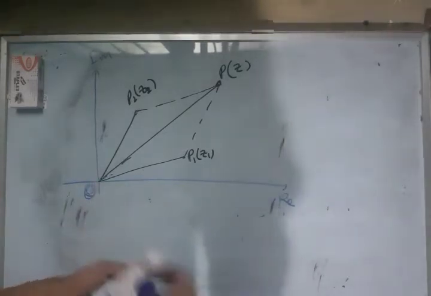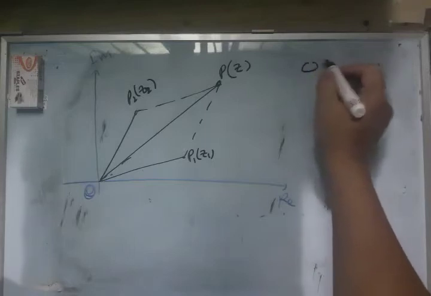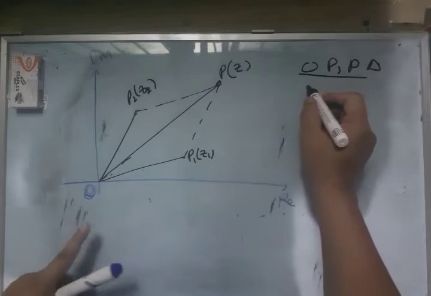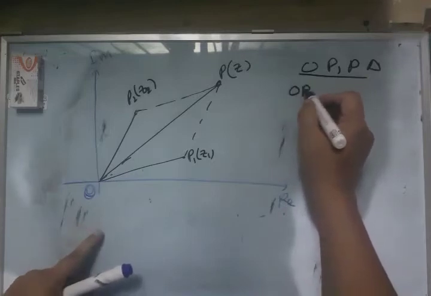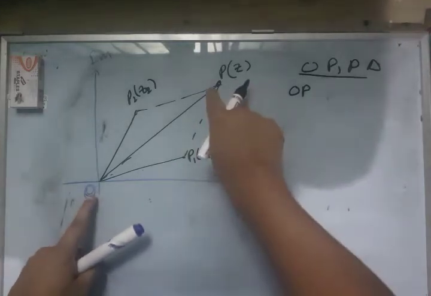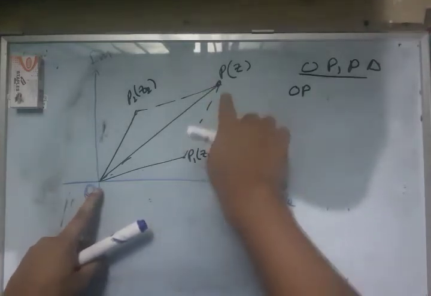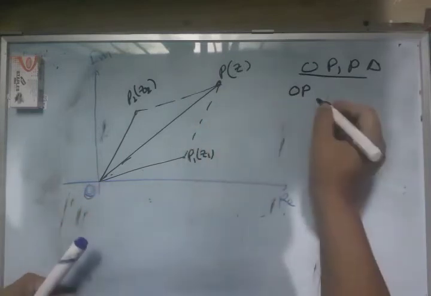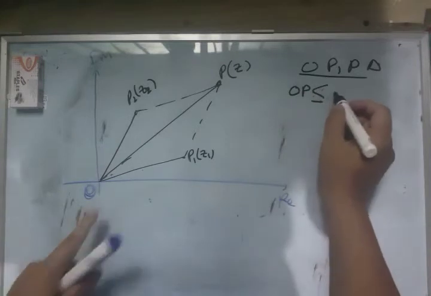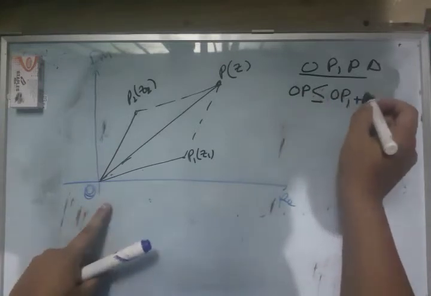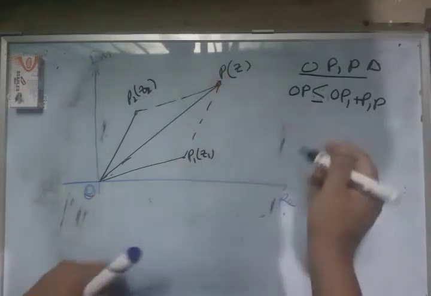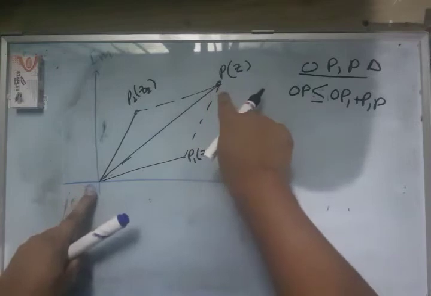Now let's look at the OP1P triangle. In this case, let me take OP. OP is this side, and OP1 and P1P are the other two sides. So definitely you know that OP is less than or equal to OP1 plus P1P. Now what is OP? OP is a length.